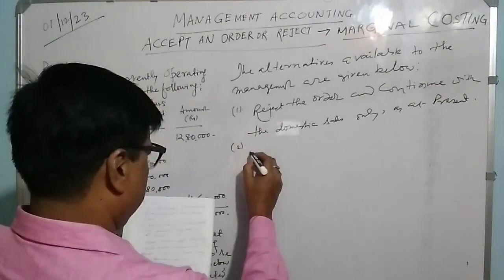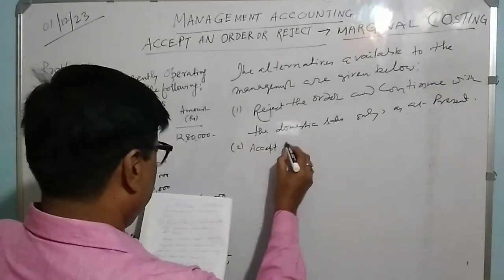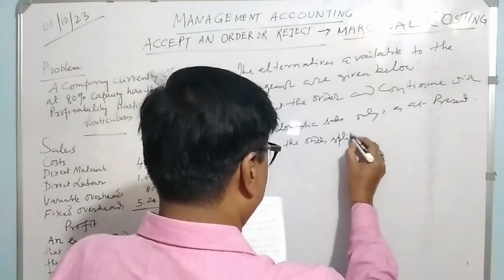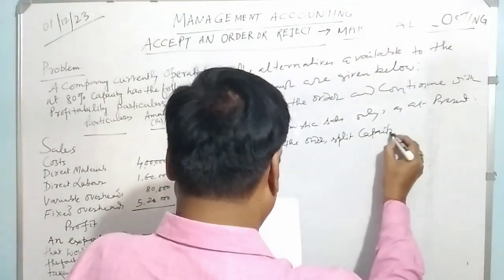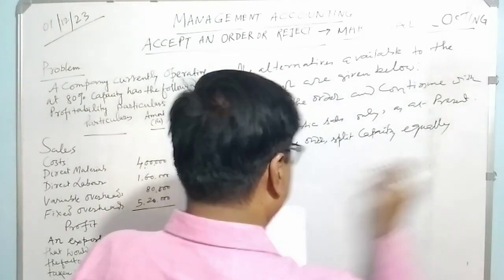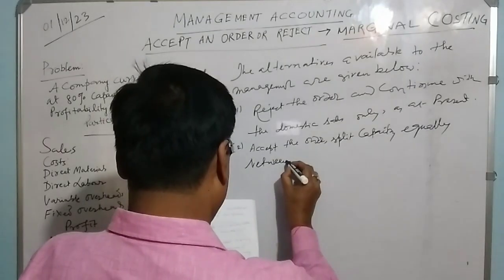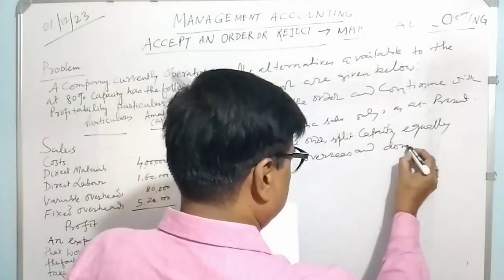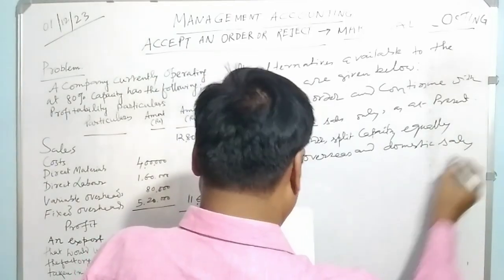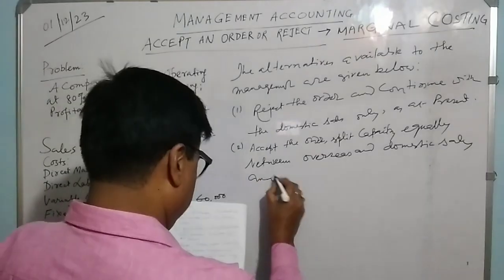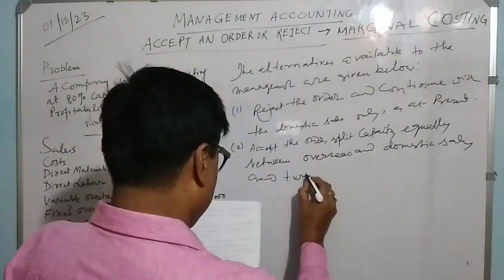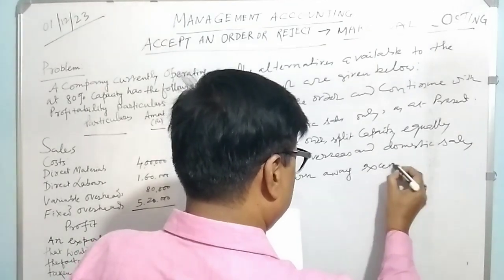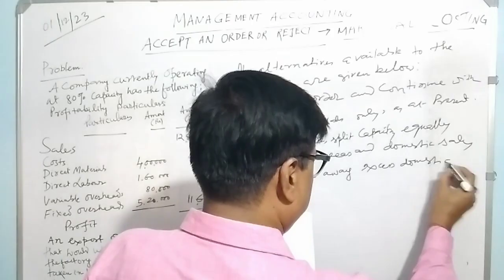Second alternative is: accept the order, split capacity equally between overseas and domestic sales, and turn away excess domestic demand.